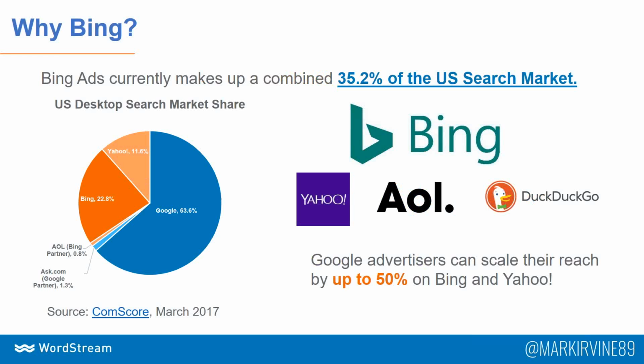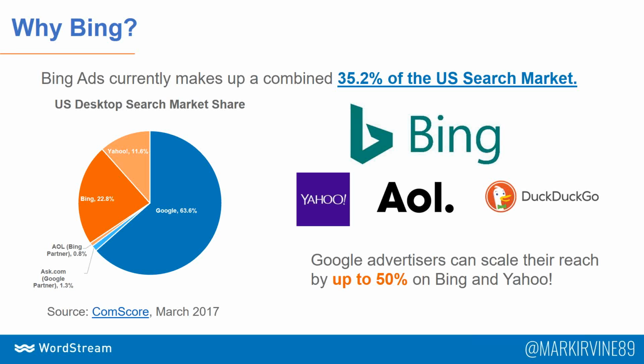Right now, today, Bing Ads makes up a combined 35.2% of the US search market, which is appreciably larger than what most people think. Bing manages Yahoo and AOL and DuckDuckGo and a number of other large search engines, that they're all managed through Bing.